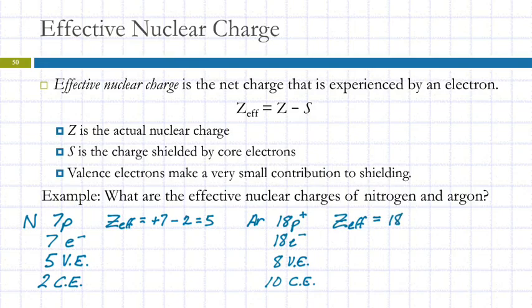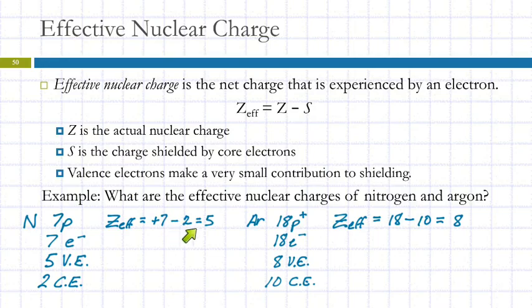So the effective nuclear charge that's experienced by the valence electrons in argon is the actual nuclear charge, which is 18, minus the core electrons. And so that gives us 8. So argon's outer electrons have this positive 8 attractiveness to the nucleus.